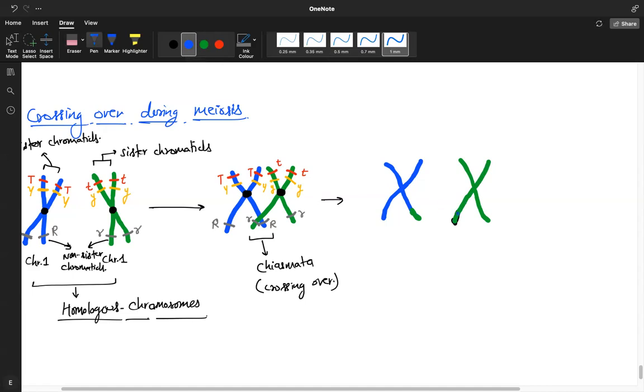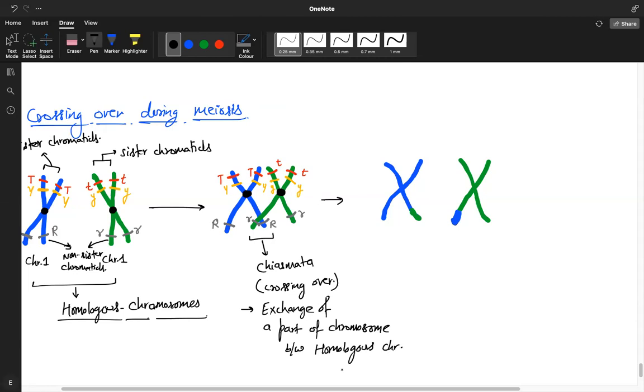So at this level, during the chiasmata, there is exchange of a part of chromosome between homologous chromosomes, non-sister chromatids.